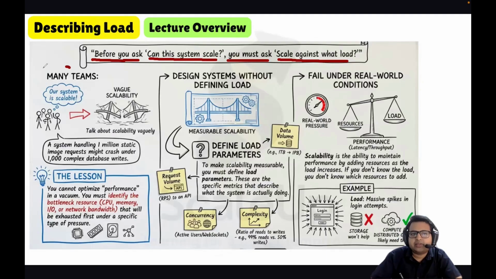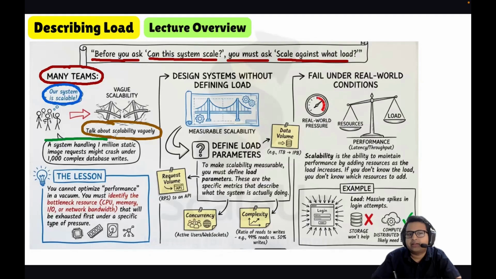Many teams talk about scalability vaguely. When a team says our system is scalable, they are often making a meaningless statement, because it is incomplete. The context is missing, because a system handling 1 million static image requests might crash under 1000 complex database writes.